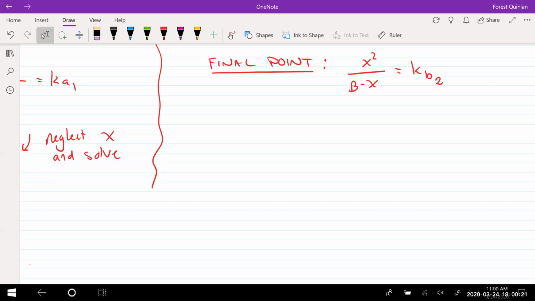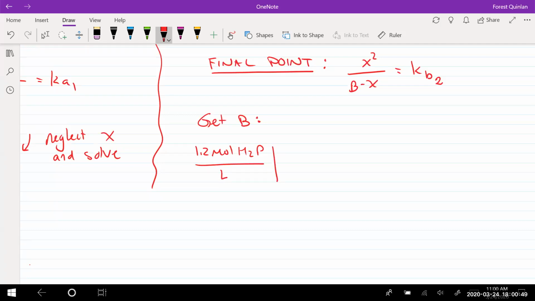To get b, just to remind you, this b is all coming from the original acid generating the conjugate base. We're going to have 1.2 moles of the H2P per liter.